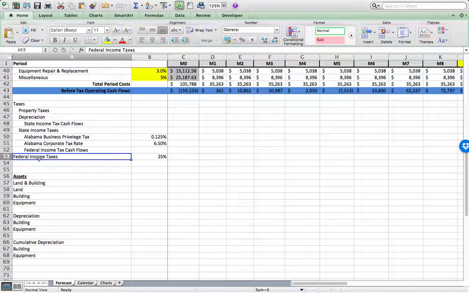And at the end of the day, you can't really go anywhere until you start estimating your assets. And really the big ones that we're looking at here are your land and building and your equipment. That's not to say that there won't be some other tangible assets, but these are the ones we'll focus on.